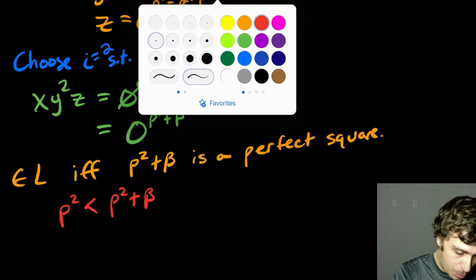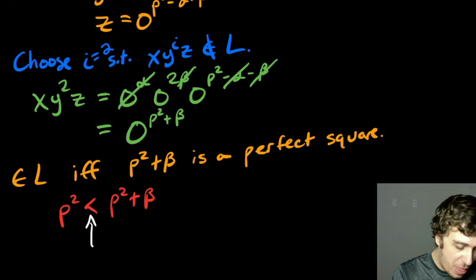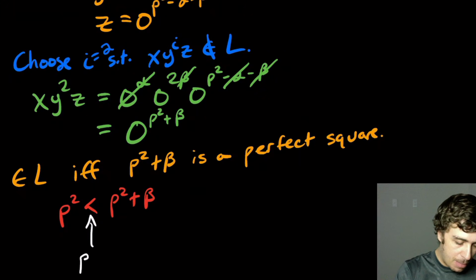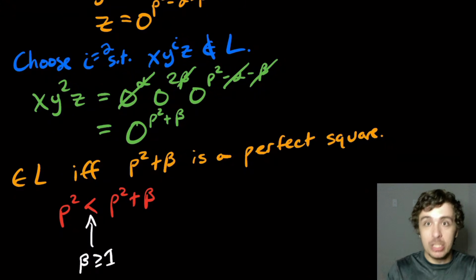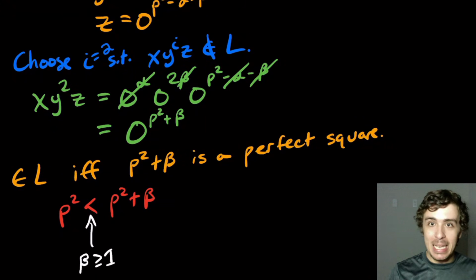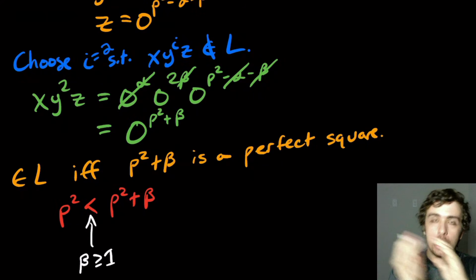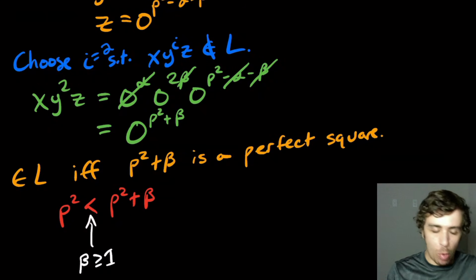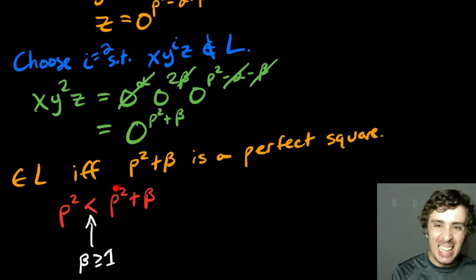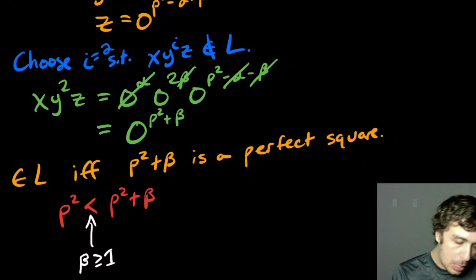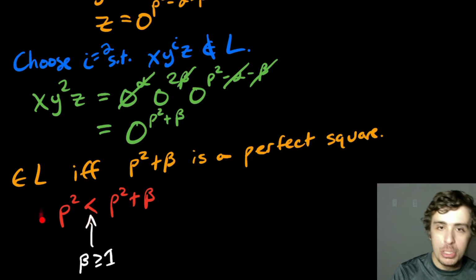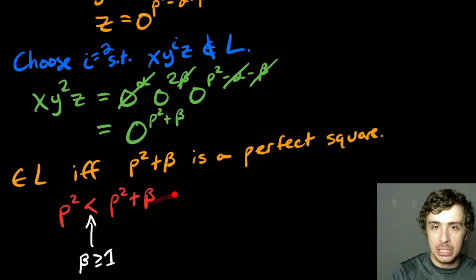We know that because beta itself is at least 1. The part that we pump, whose length is beta, is non-empty, so the number of characters must be at least 1. So this thing is at least p squared plus 1, but it could be a lot higher, but it's definitely at least 1. So we know that it's not equal to this perfect square right here because it's strictly larger than it.